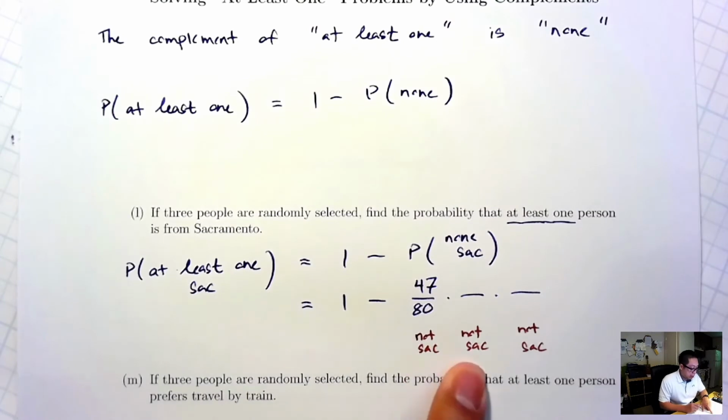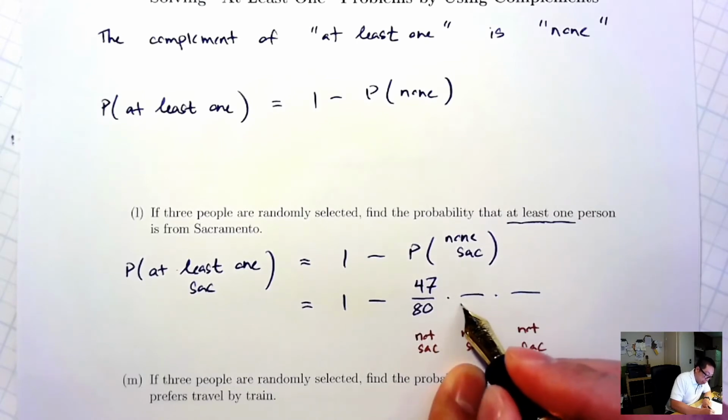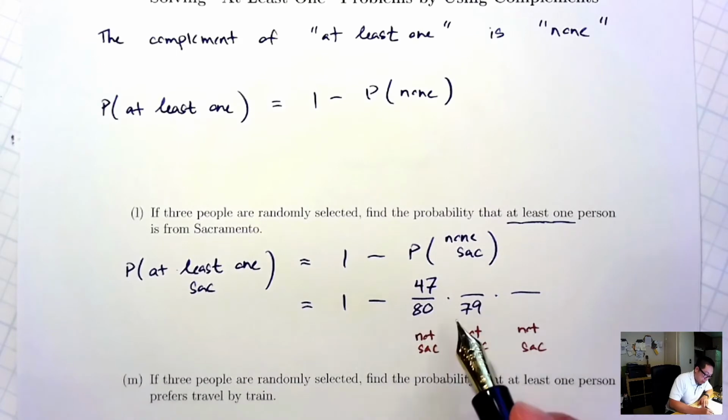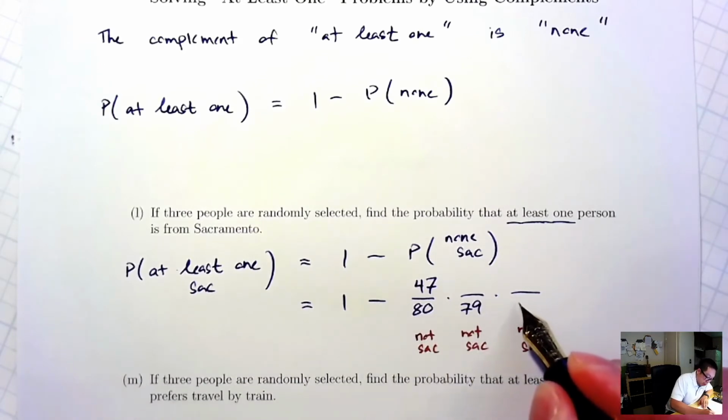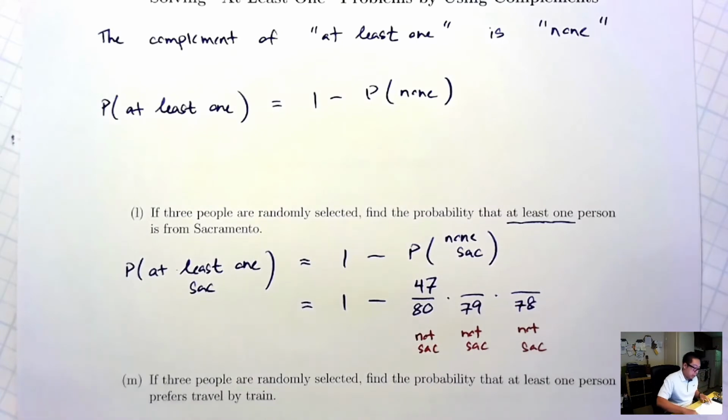Okay. And then I want the second person to also be not Sacramento. Once again, I should be down by 1 for the bottom. And actually, let's do the third one also. So third bottom is going to be 78, down by 1 again. Okay, so not Sacramento. Second person also not Sacramento.